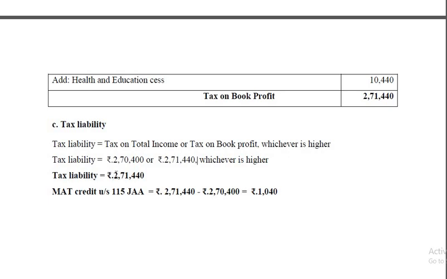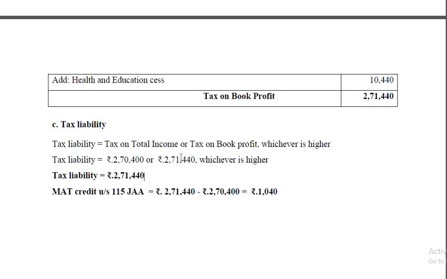Minimum alternate tax is applicable. Since the tax on book profit is more than the tax on total income, book profit is taken as total income and the tax is calculated, and that is the tax liability. So 2,71,440 is the tax liability.